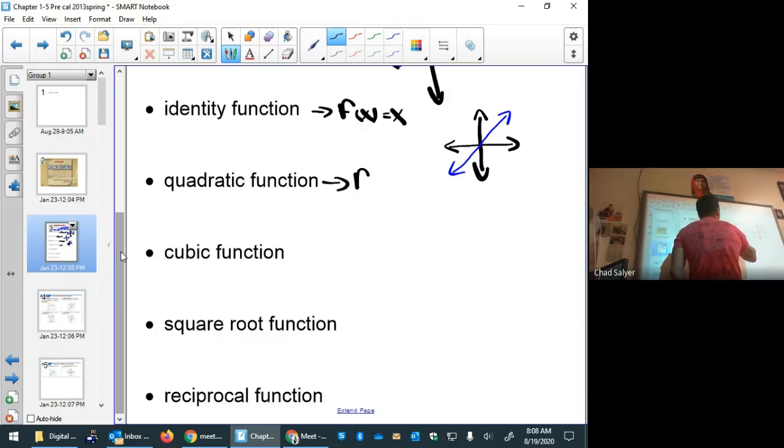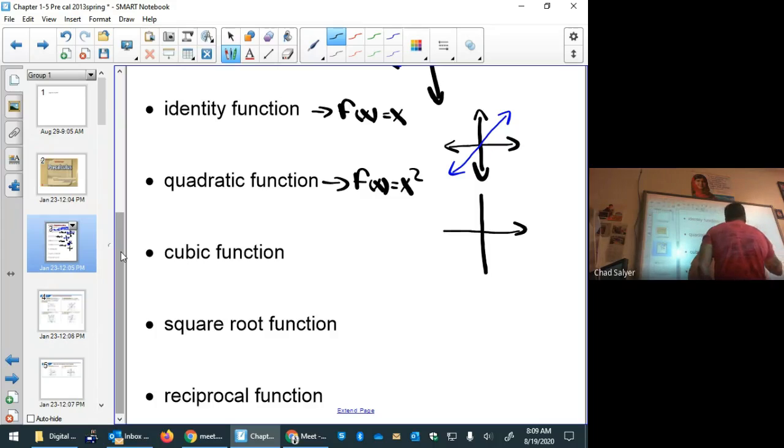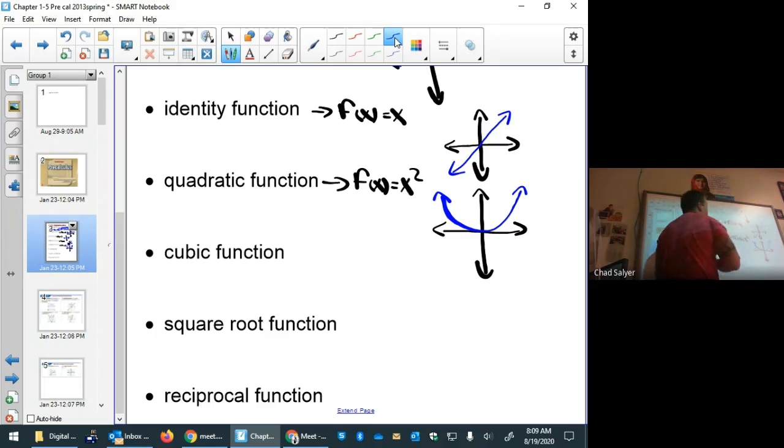Then I've got the quadratic function, and the parent function is like this, f of x equals x squared. Once again, you've probably seen this graph before, but this parabola shape. Some people call it a ball shape. The cubic function is f of x equals x cubed.